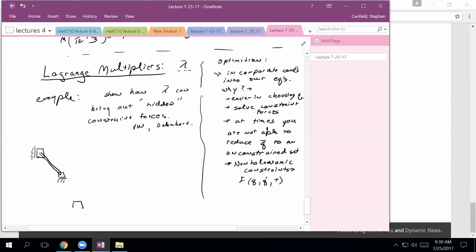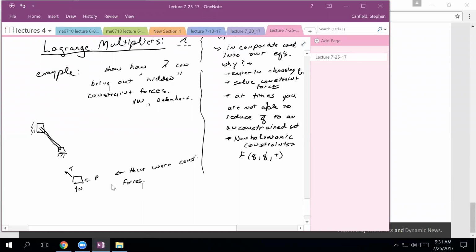If we looked at the lower one, we saw that there's some tension in the rod, some normal force N, and some P. The idea would be you could relax the constraints. Before, in this set, these were all constraint forces, which meant in the Lagrange method they would just go away. We wouldn't worry about them.